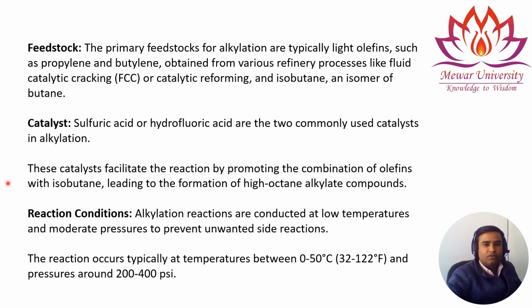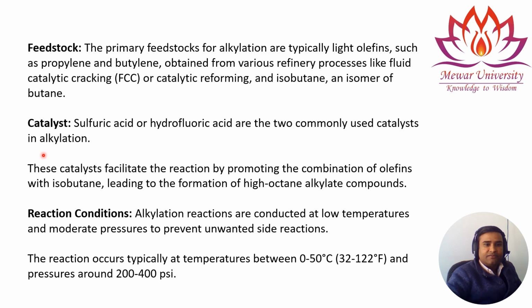Now we will talk about the catalyst. Which catalyst is required in the alkylation reaction? Sulfuric acid and hydrofluoric acid are the two types of catalyst mainly used in the alkylation unit.